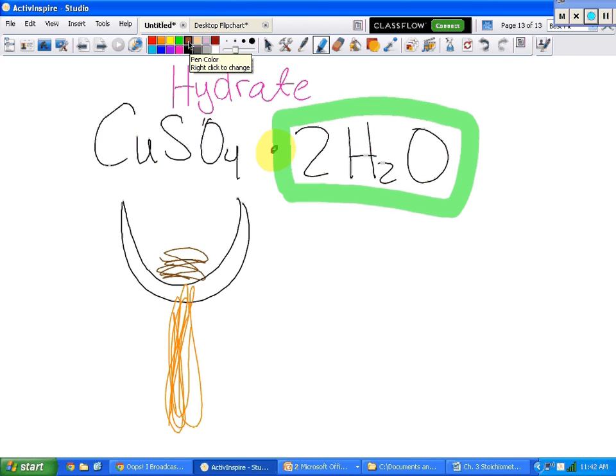Higher boiling point or lower boiling point than water? Higher. So the hotter it gets, will the copper sulfate stay the same? What's going to happen to the water? It's going to boil off. So think about that. If I boiled it too long or too short, or if it splattered or anything like that, keep that in mind. Like something got out of the container. That's not good for you.